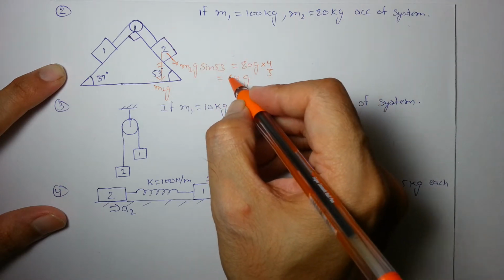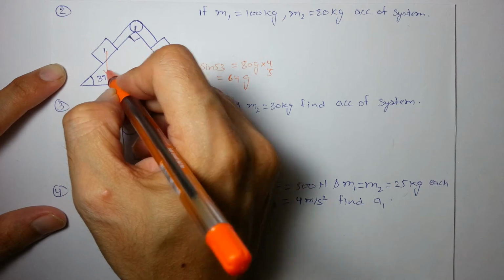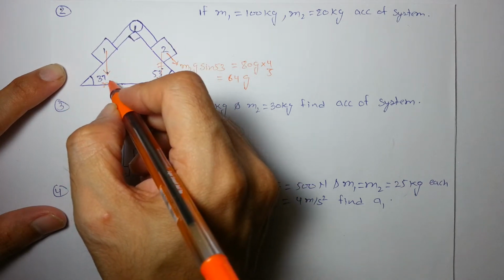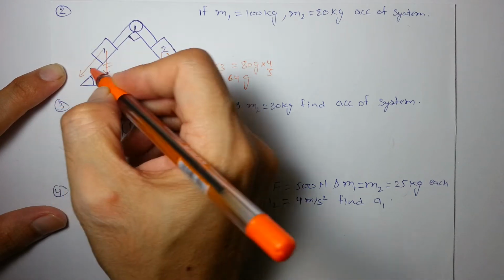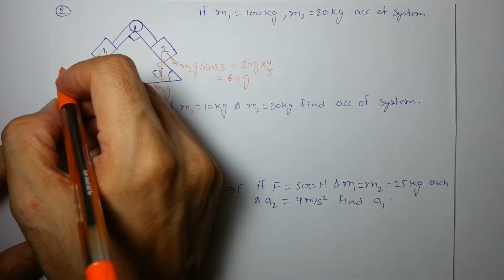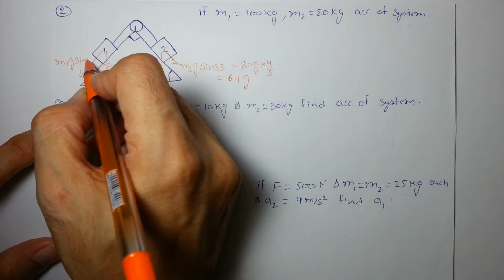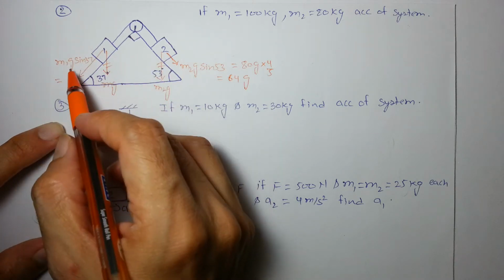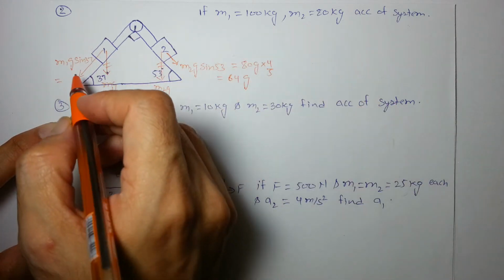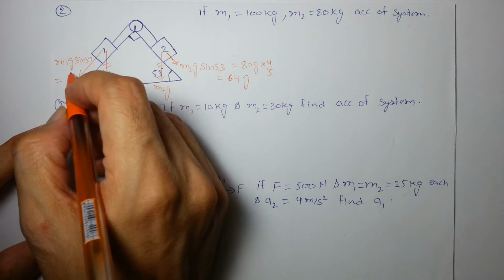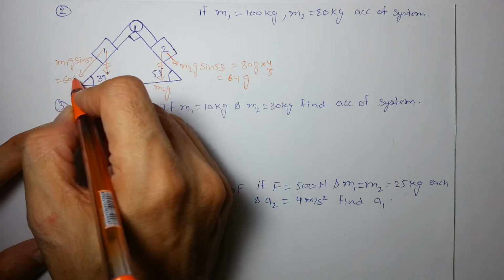Okay, and similarly this m1g will be here, and the component of m1g that will act in this direction is m1g sin 37, so that will come out to be 100 into 3 by 5, which is nothing but 60g.